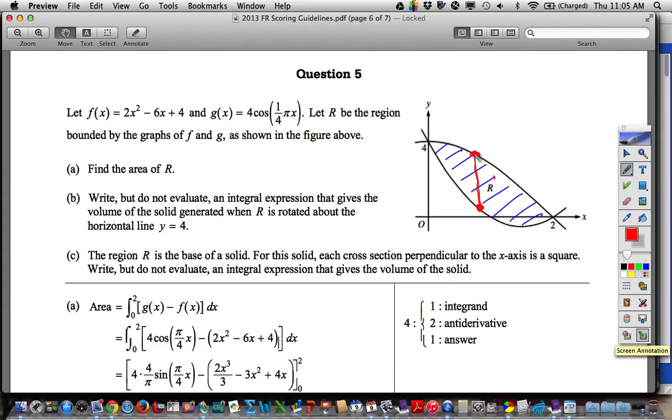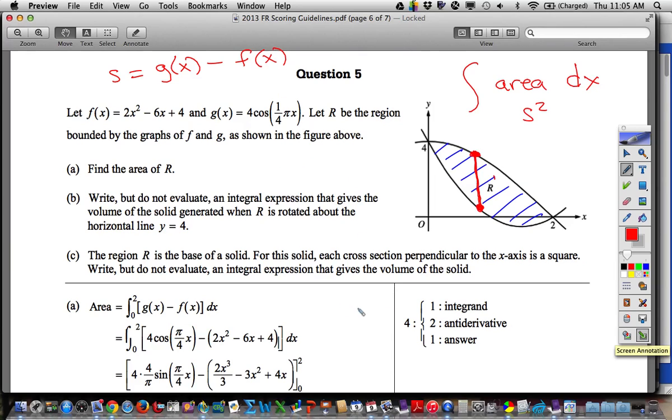So what I need is an integral that is the area of the slice times the thickness. Well, I need the area of a square. The area of a square is s squared, one side squared. This strip is one side, so s equals top minus bottom. What was the top? G minus F. That's going to be one side of the square.